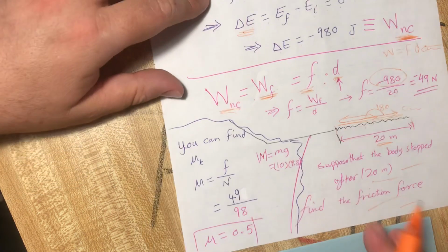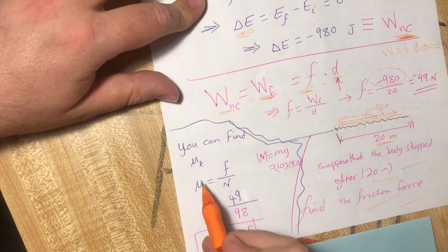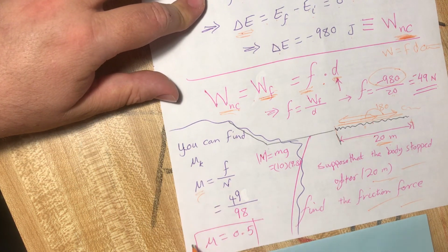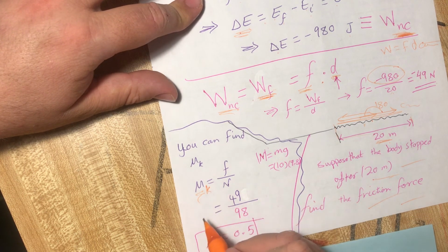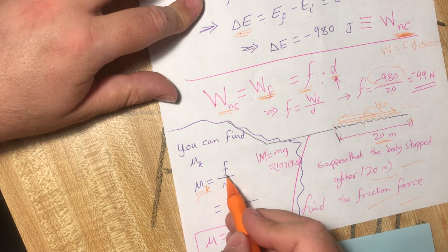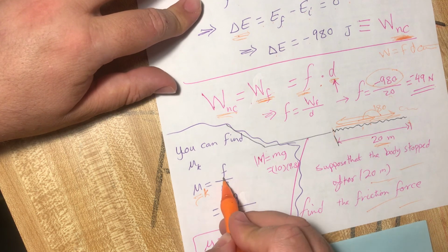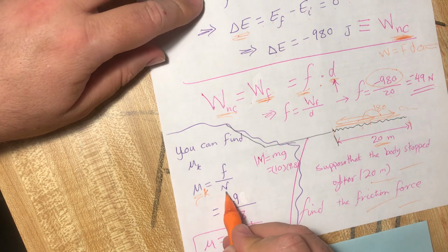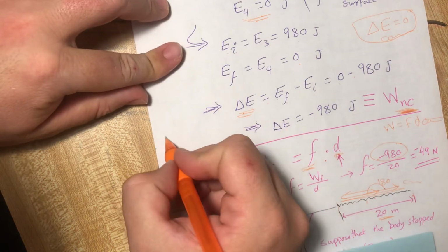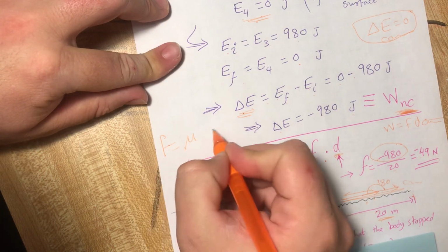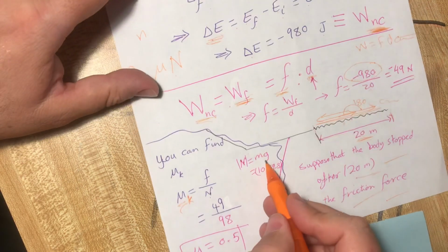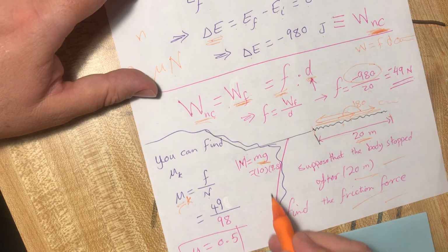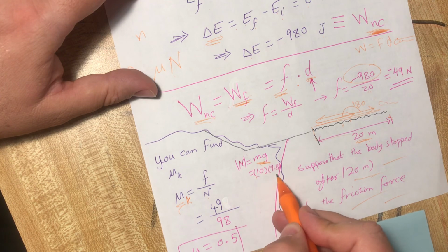Now we can also find the friction coefficient mu k, because the body is moving. The friction coefficient is equal to F, which is the friction force, divided by the normal force. We know that the friction force is equal to mu multiplied by the normal force. The normal force is the same as mg in magnitude. m is 10, g is 9.8.